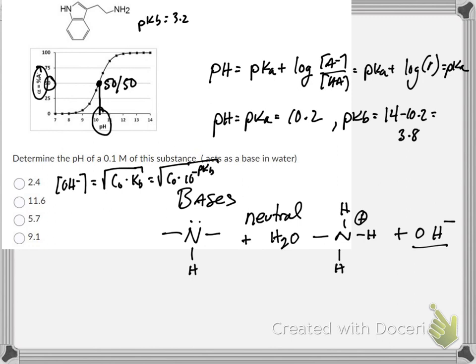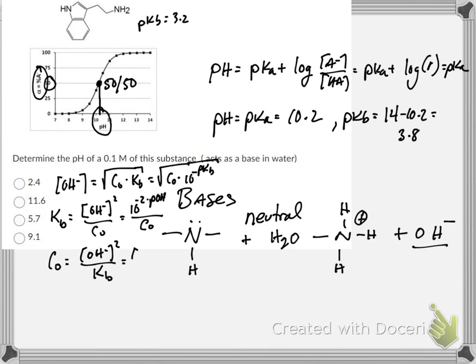So we have C0, it's 0.1 molar. We have pKb now, 3.8. So we can use that equation. But just for the sake of completion, these are the other 2 equations, hydroxide ion squared over C0 or hydroxide ion squared over Kb. You can also put it in the form of 10 to the minus pOH.